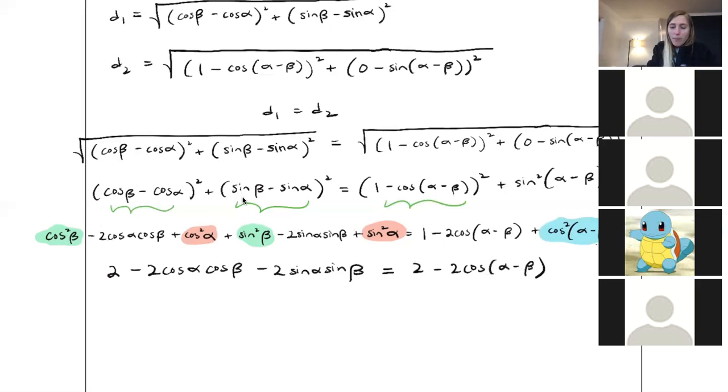And if we thought about subtracting 2 from each side, I think you guys also mentioned this, boom, boom, those 2's go away. And then we could also think about factoring out a -2 from the left side.